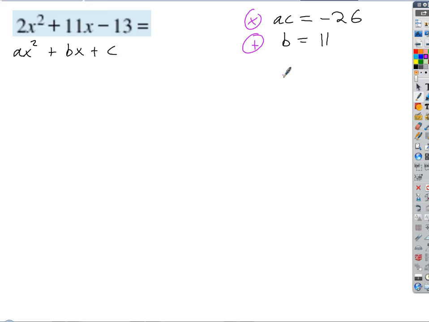So I'm going to get a negative number and a positive number. And what could they be? I know that the positive one's going to have to be the bigger of the two. Well, it looks like positive 13 and negative 2 are going to be my two numbers, right? Those multiply to negative 26 and add to positive 11.